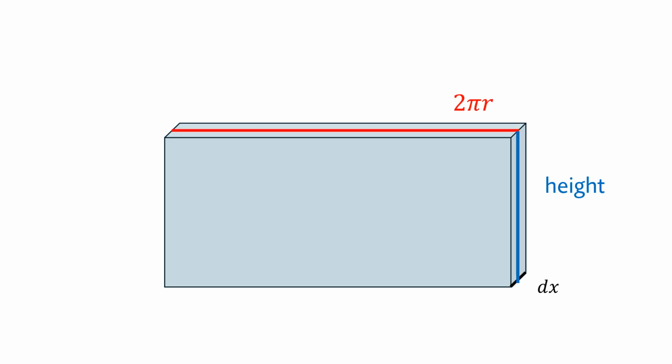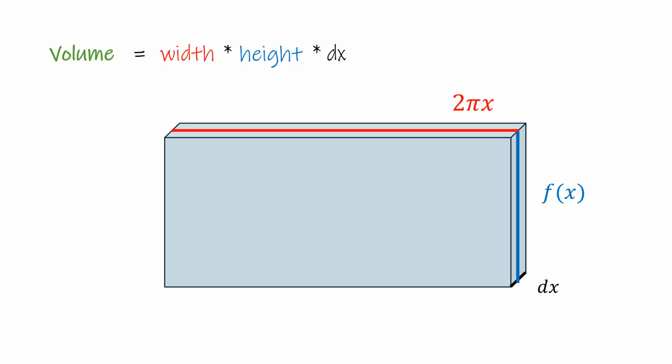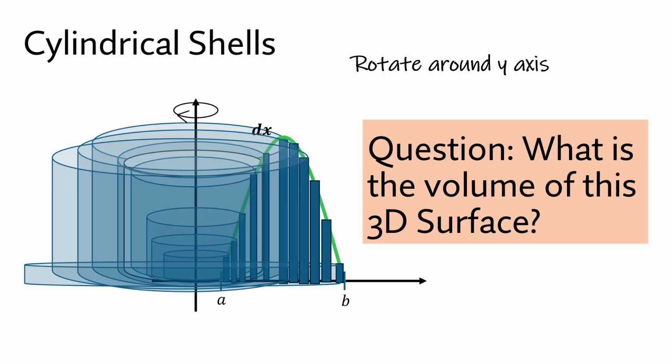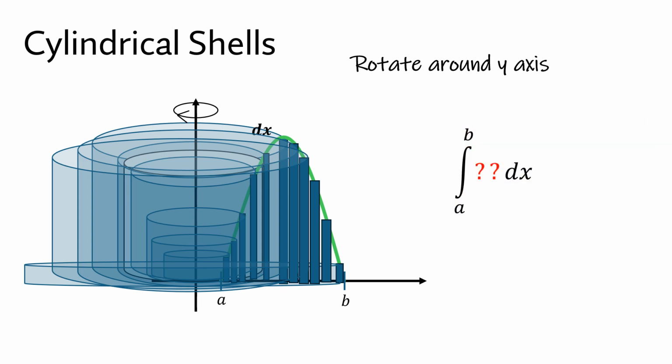So now we have that our width is going to be 2 pi times x. And we had our height is f of x. And so our volume will be the width times the height, which is 2 pi x times f of x delta x. And if we go back to part 1 of this series where we asked the big question, which is what is the volume of the 3D shape? We really came down to the question of what do we put in that integral?